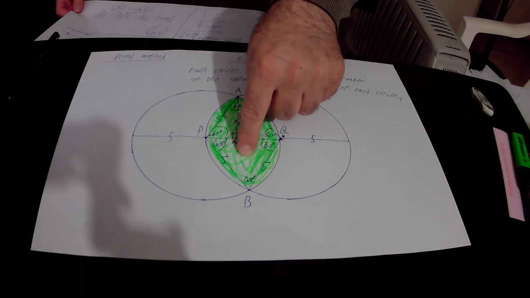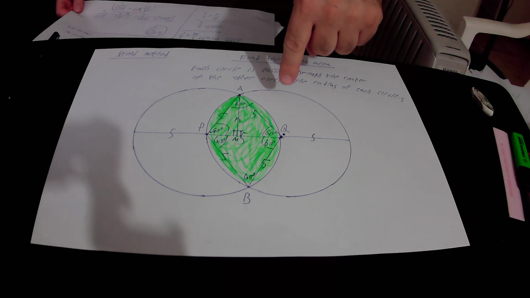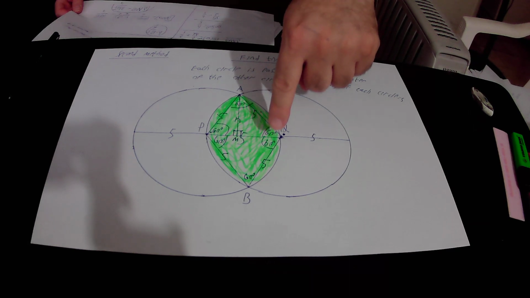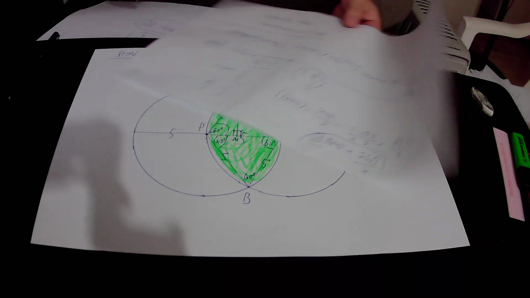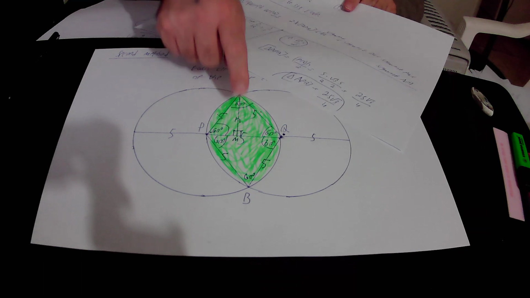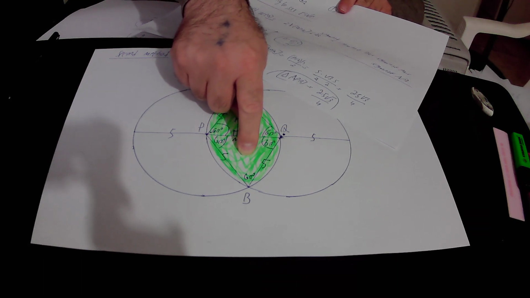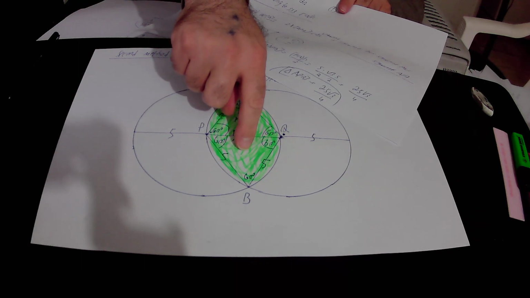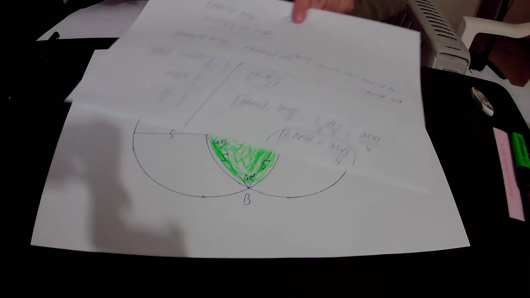the areas of those two equilateral triangles plus the areas of the four segments, segment AQ plus segment BQ plus segment PB plus segment AP. Again, the required area, and because those two triangles are congruent according to the side rule, we can calculate the area of one triangle and multiply it by 2, and we will get the area of those two triangles.